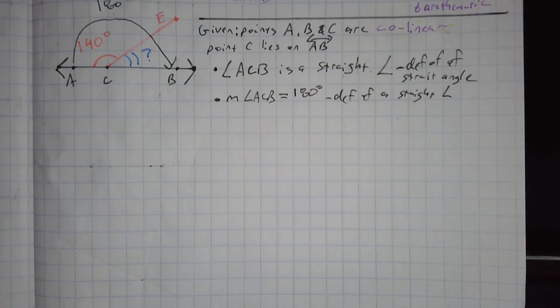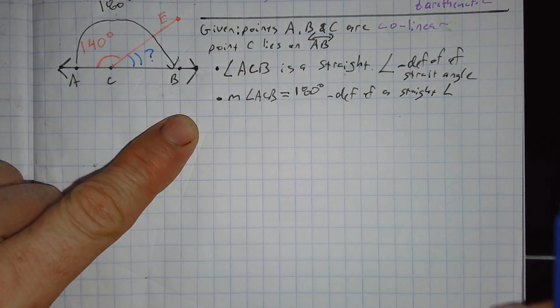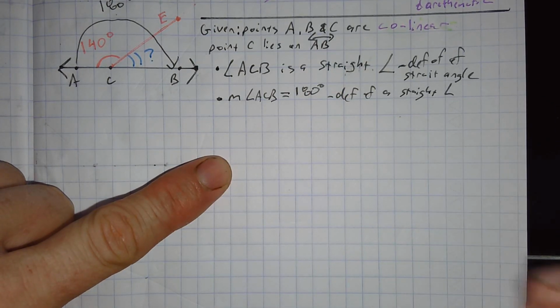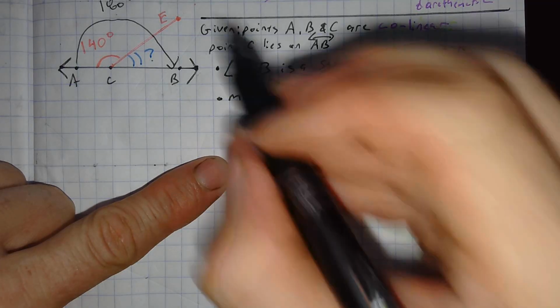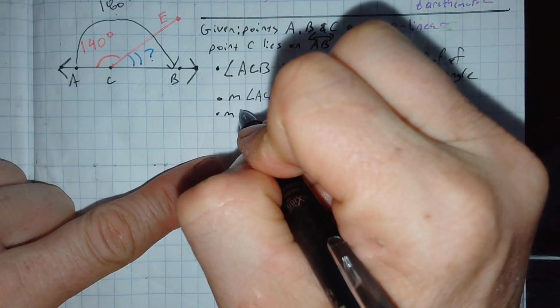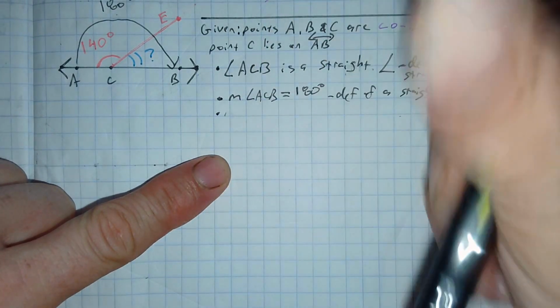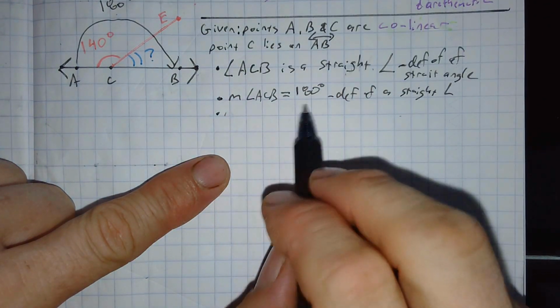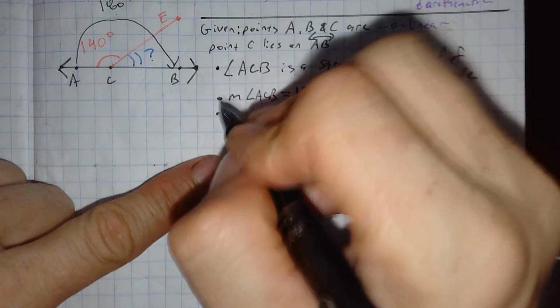Okay, so now I'm going to go ahead and make my first major relationship statement. I'm just going to say that the measure of angle ACB, when I say measure, I'm putting numbers in, okay?